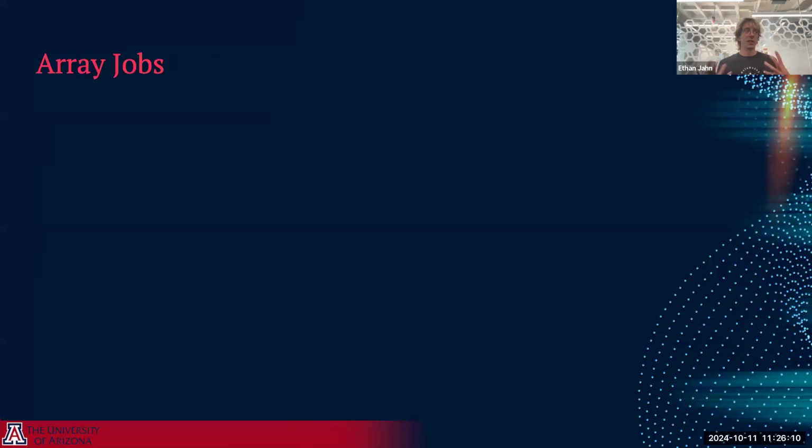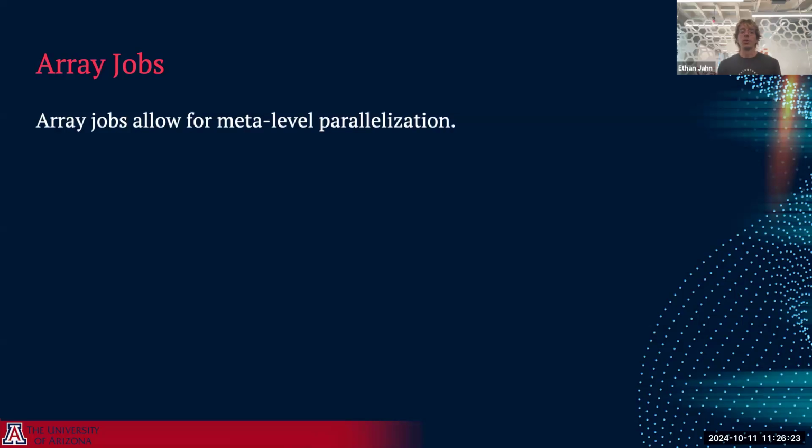Okay, so that's talking about running programs that have MPI already implemented in them. I wanted to talk about array jobs in here, and I wanted to talk about them because they are a way for users to achieve a form of parallelization that's not explicitly implemented in the code.